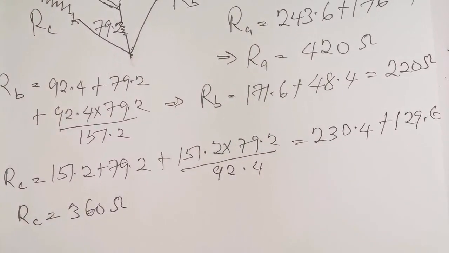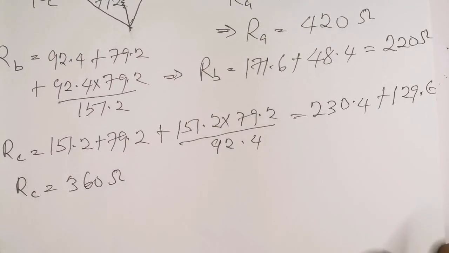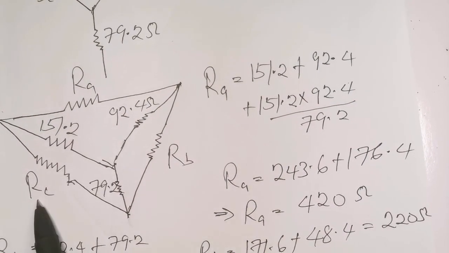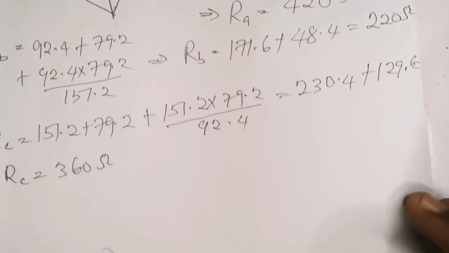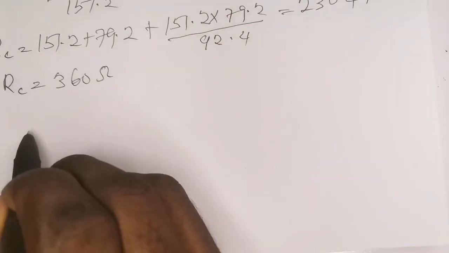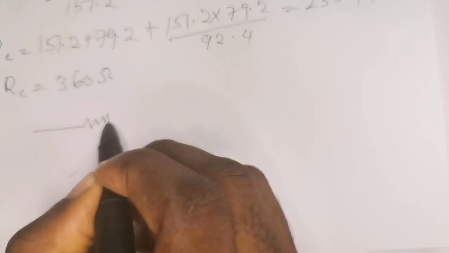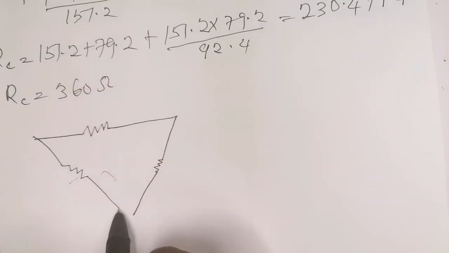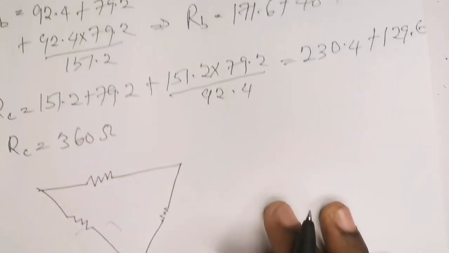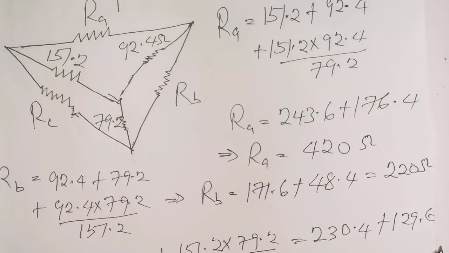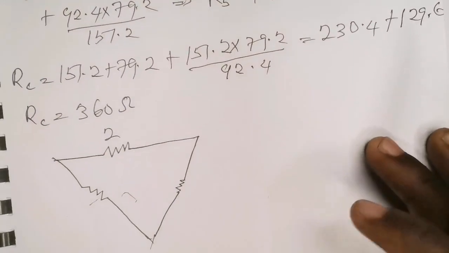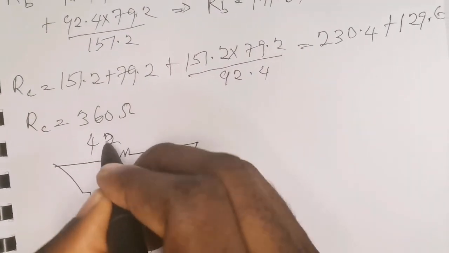Okay, now let's plot our circuit. Not forgetting, we call them RA, RB, and RC of the delta network. All right, so we had RA as 420, and this is our RA, 420.